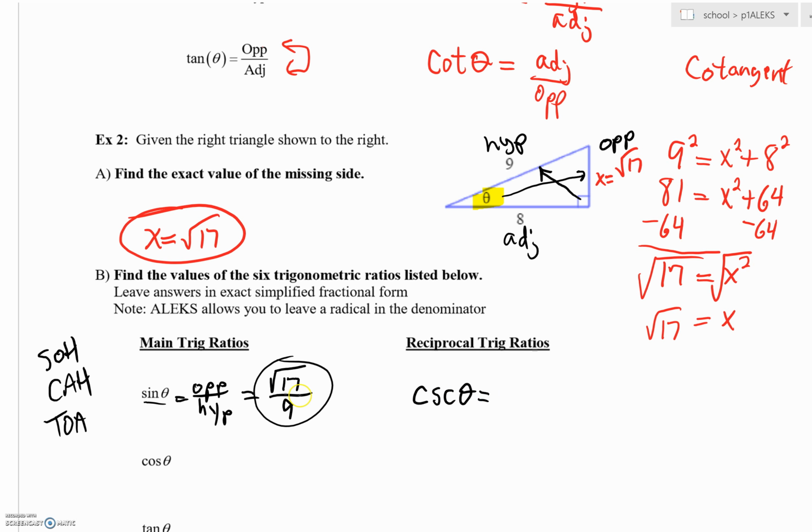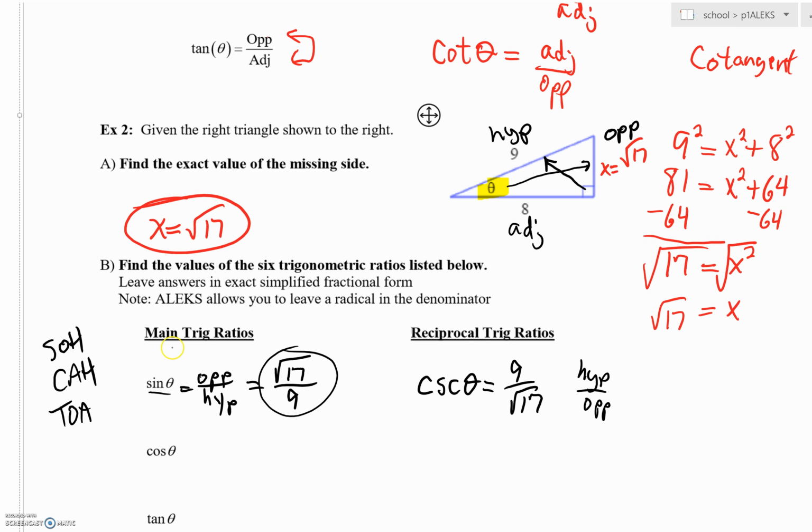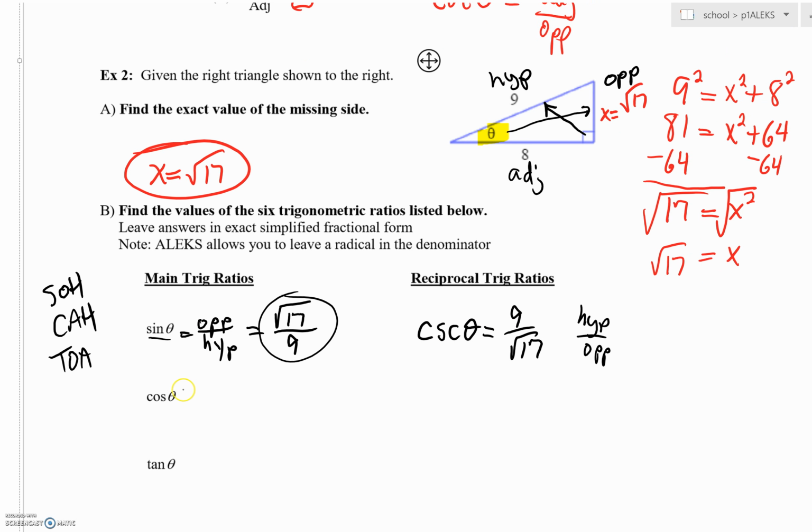And guys, what you can do real simply is just interchange the numerator and the denominator. Just flip it. That's really what you get for cosecant. Remember, this is sine. I'm not saying a co, it's just sine. And then I get cosecant as its reciprocal ratio.